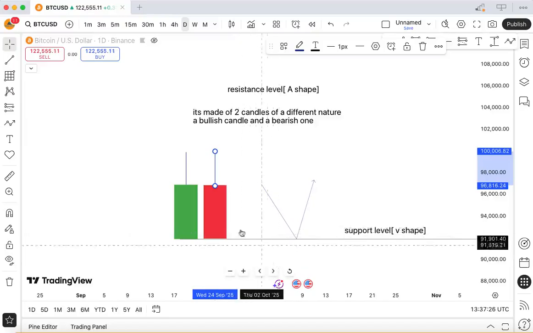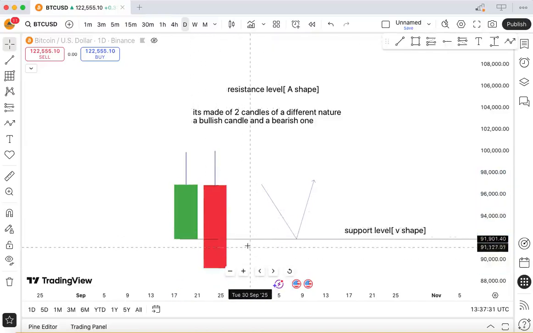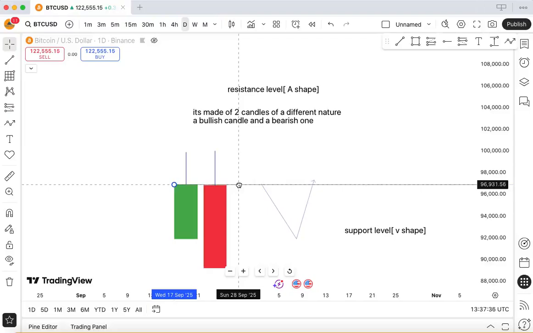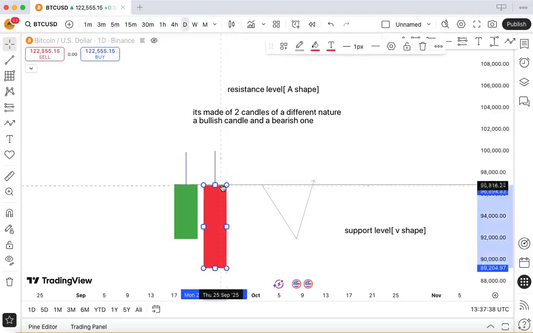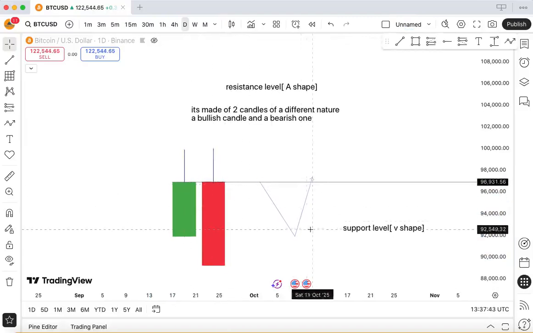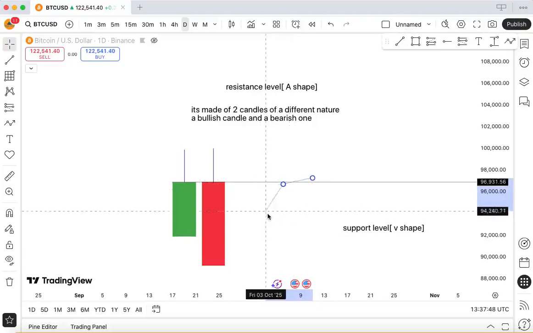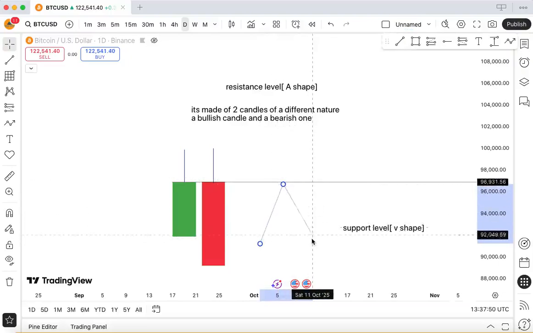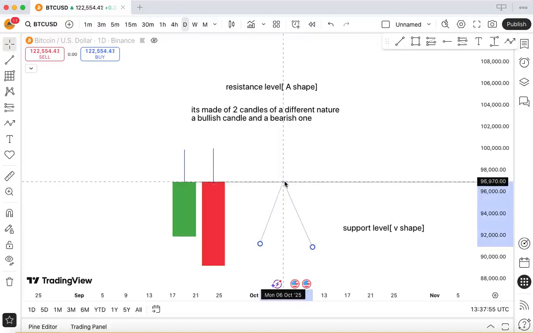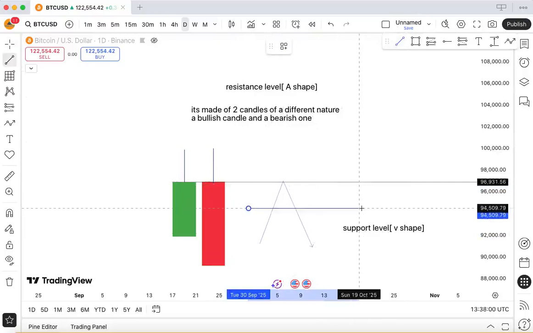So here we don't mark the low. We just mark where these two candles, as I explained in the first example, make a level. That is where we are going to mark. And this time round, it is not going to be a V shape, but an A shape. Remember, an A looks like this.